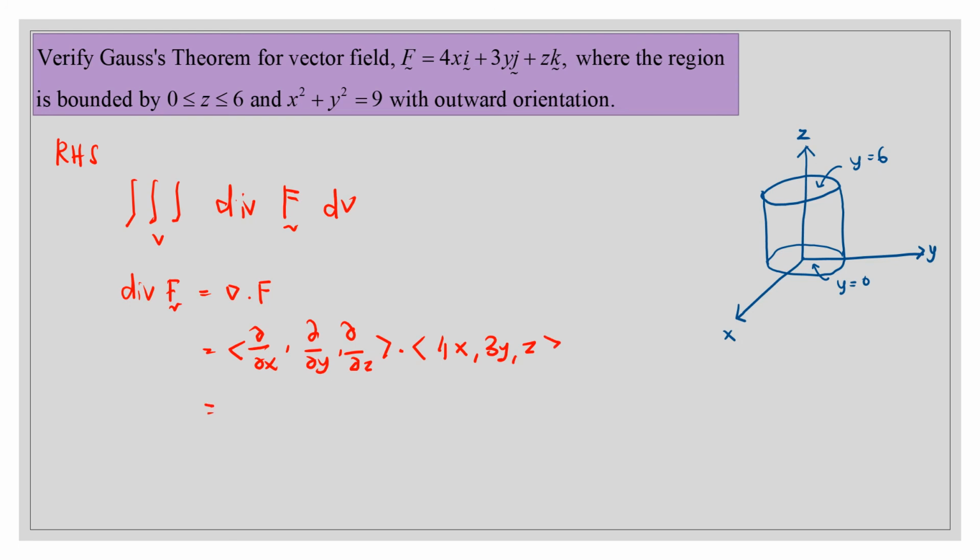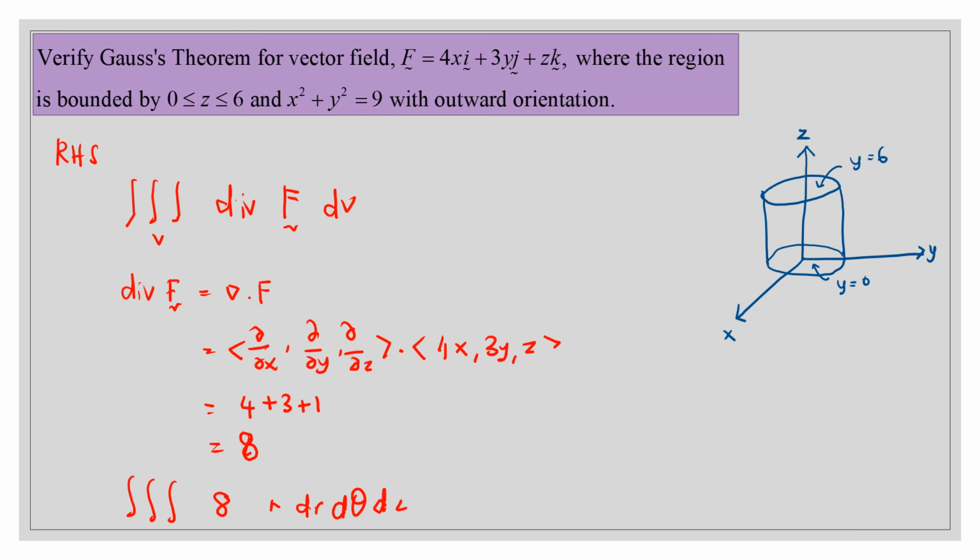You solve the dot product, you will get 4 plus 3 plus 1 equal to 8. So we substitute into the triple integral, div f equals 8, dv. You use the polar coordinates of the cylinder, so dv is r dr d theta dz.